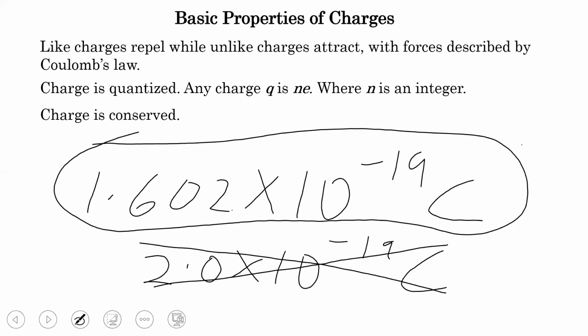Also with charges, you can move charges from one body to the other. You cannot destroy it, you cannot create it. So that is one of the properties of charge. So they are conserved, they are quantized, and they attract or repel themselves based on Coulomb's law.